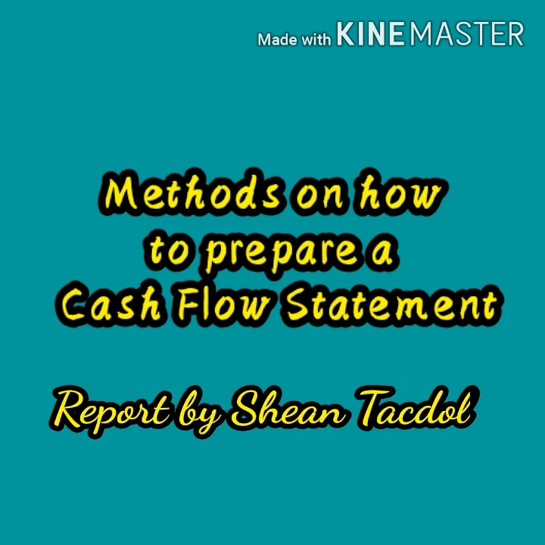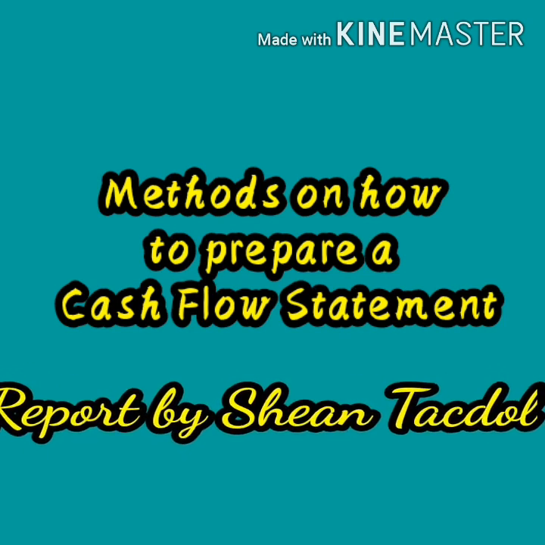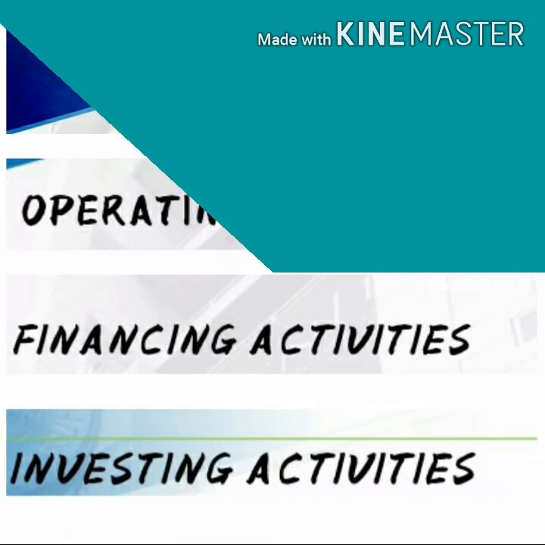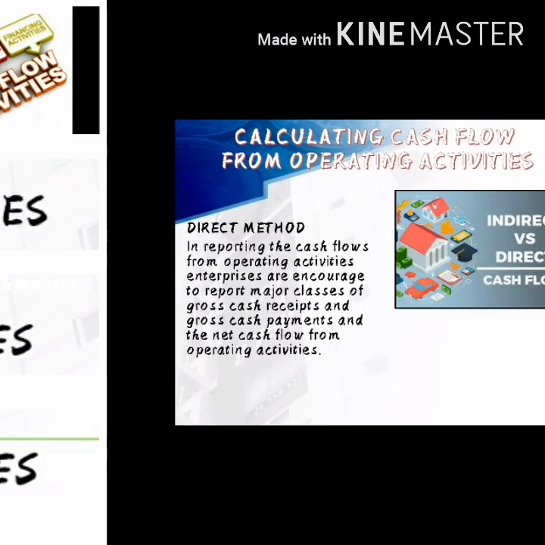So here it shows the three main activities in a cash flow statement, which are the operating activities, the investing activities, and lastly, the financing activities.